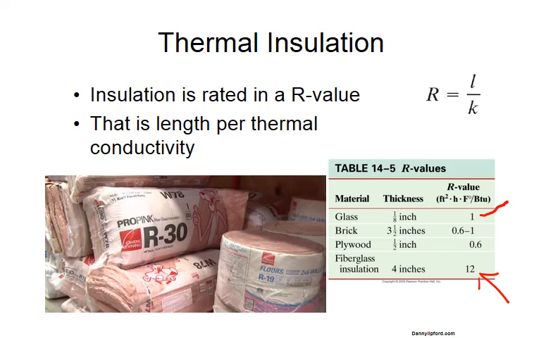If you notice here, this insulation with an R of 30 is much higher. So the different thermal insulation is used for different situations. And as you consider the thermal conductivity of these different substances, some transfer energy more effectively than others.